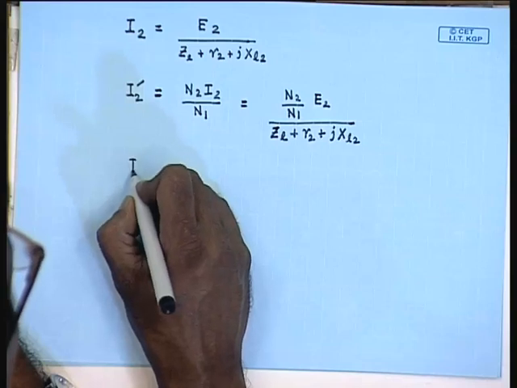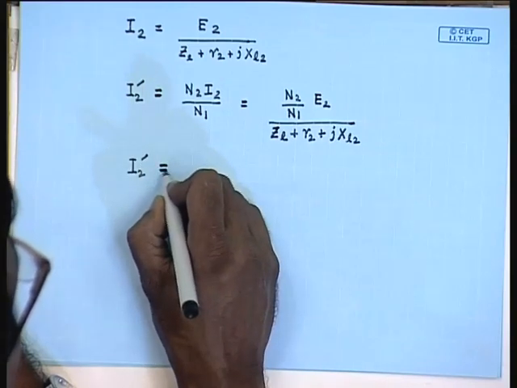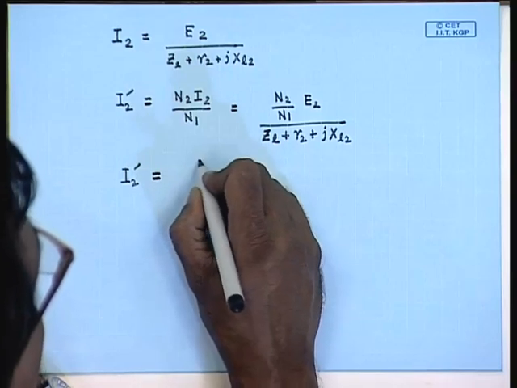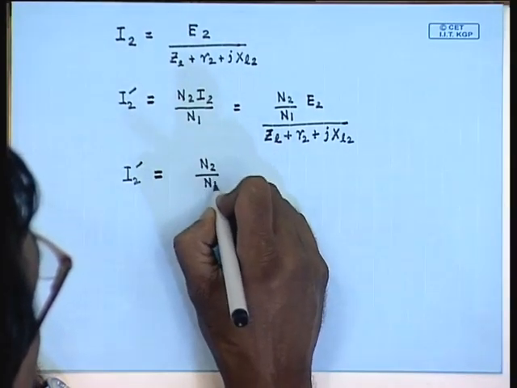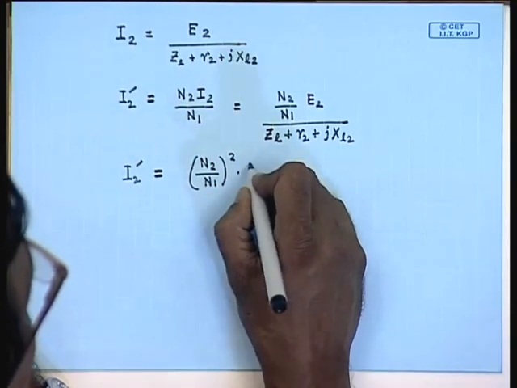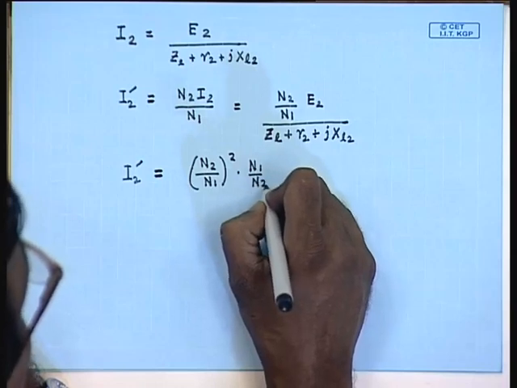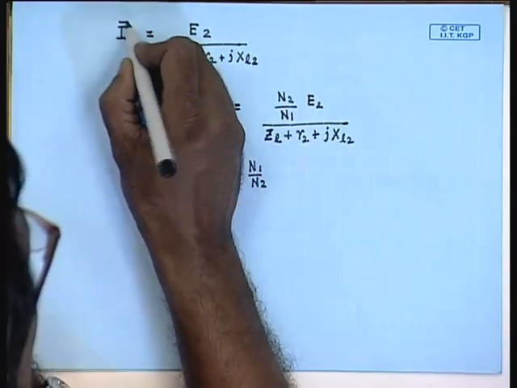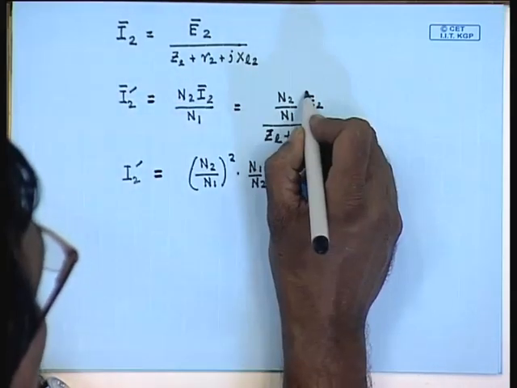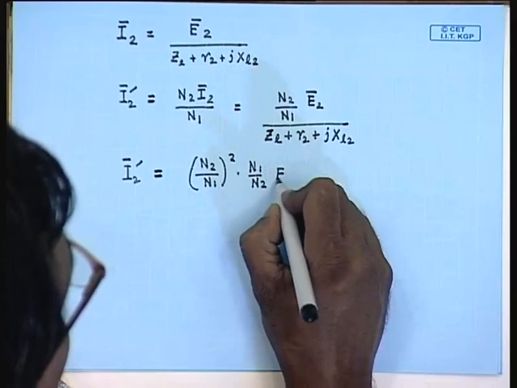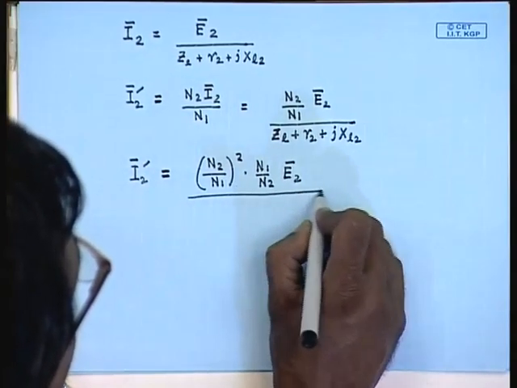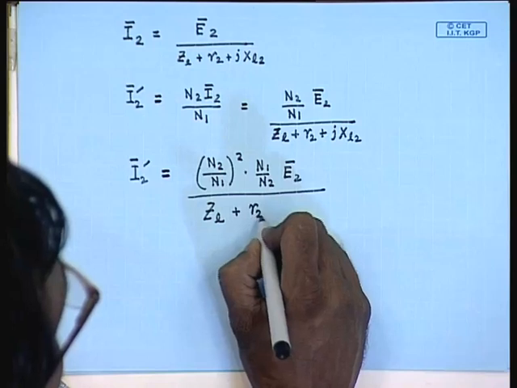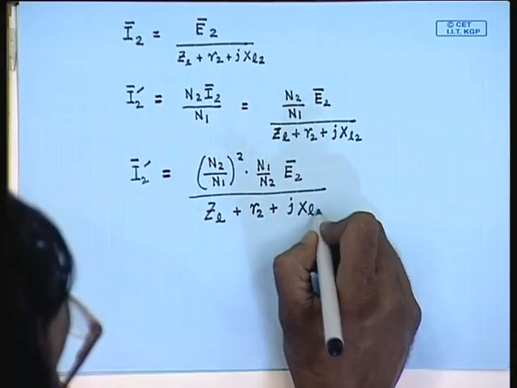or I can write I2 dash to be N2 by N1 square into N1 by N2 E2 divided by ZL plus R2 plus jXL2.